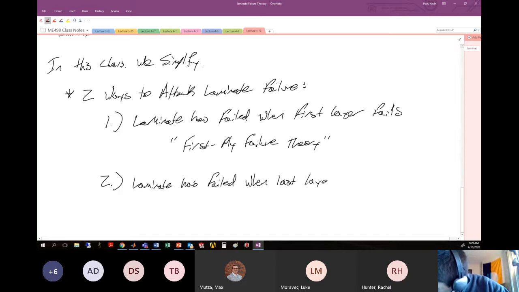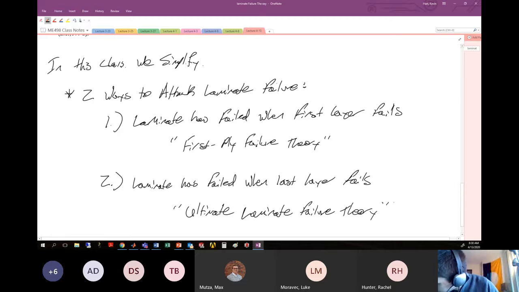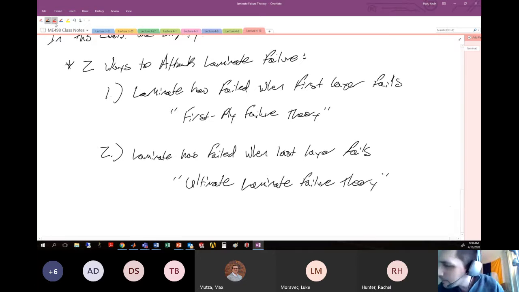Last layer fails. Okay, we call this the ultimate failure theory, ultimate laminate failure theory.